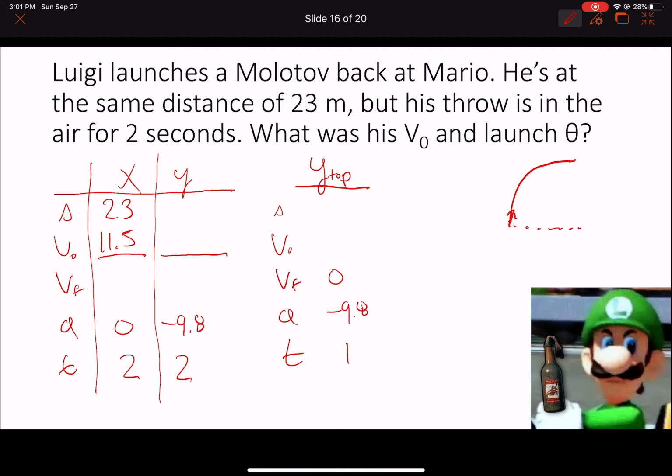The total time is 2, and so halfway, which is to the top, is only 1. So now we can find V naught. Vf equals V naught plus AT. To find V naught, we just do Vf minus A times T. So we get V naught equals 9.8.